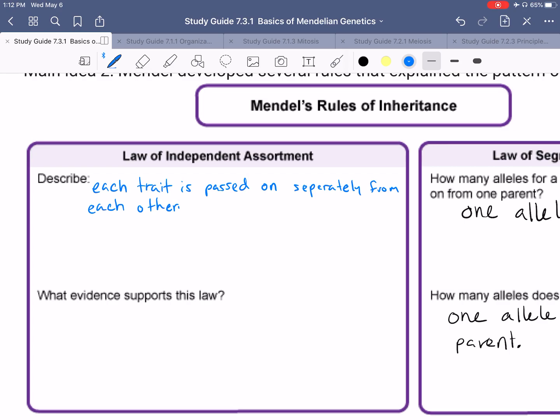And that's that different traits do not affect each other when going from generation to generation.